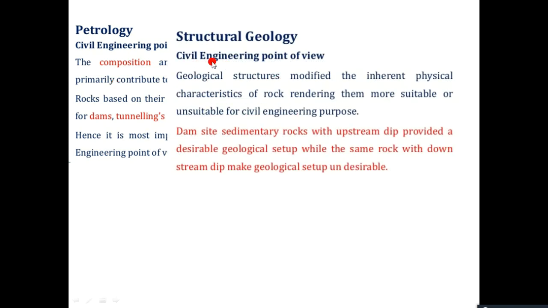And then the structures which have fewer shear zones or less impact of brittle deformation may be useful as foundation rocks. We need to know the dip of the bed while we are making a road, so that the material doesn't just come onto the road while we are building it.